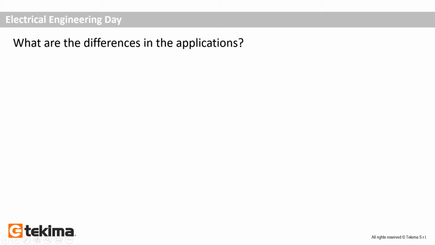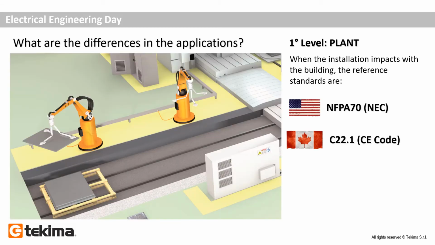Now, using the examples, we will see the main differences on the application. Let's focus on the USA and Canada requirements, leaving out at this stage the European requirements that we all know well today. Back again to the first level, plant.